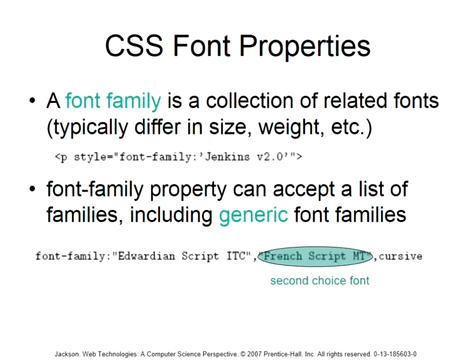Let's move now to CSS font properties. A font family is a collection of related fonts. For example, here when we write P style font-family Jenkins v2.0, this is a font family, and the font-family property can accept a list of families including generic font families. So this is an example. This is the property, and this is the declaration.